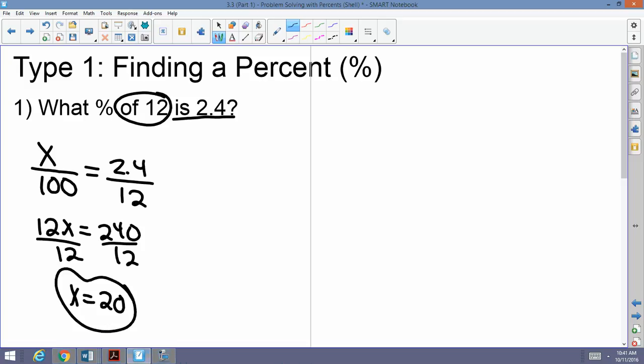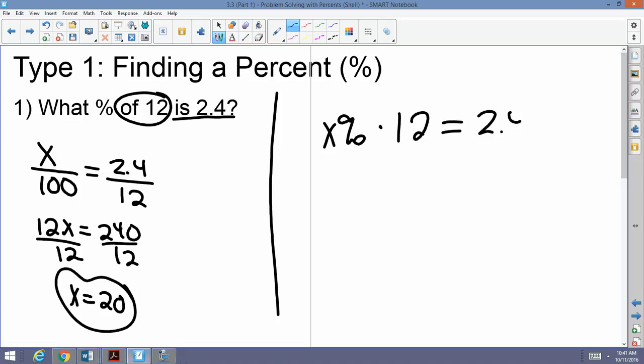That is totally cool, awesome, and great. If you're like me, you don't see that very easily. So put it into an equation. What percent? X percent. I have no idea. Of times 12 is, means equals 2.4. Divide by 12.